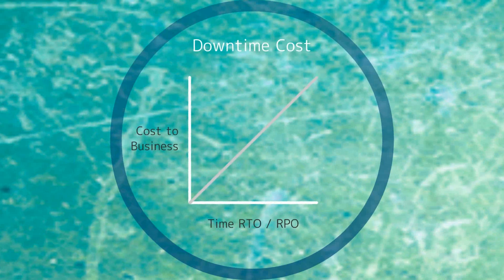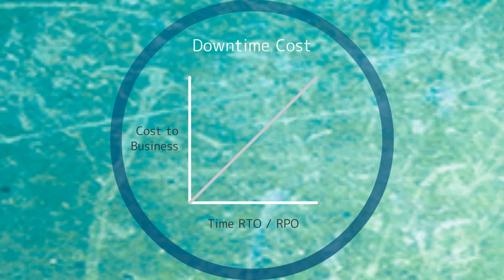So with that in mind, we look at how we estimate downtime cost. There will be an associated cost to any business for being unable to trade for a certain length of time. Depending on which sector you're in and which sector your customers are in, that cost is going to be vastly different. We have logistics companies where they have a very measurable downtime cost if they're not shipping widgets through the door.